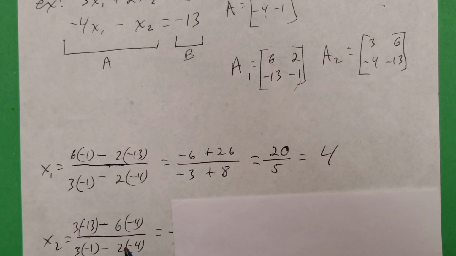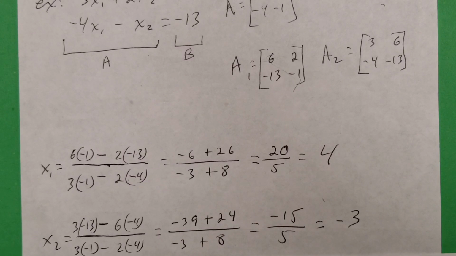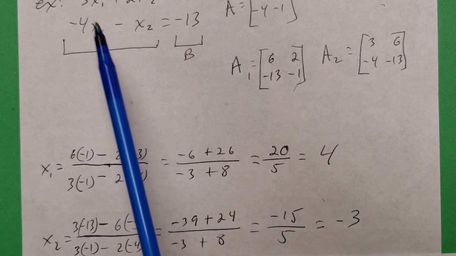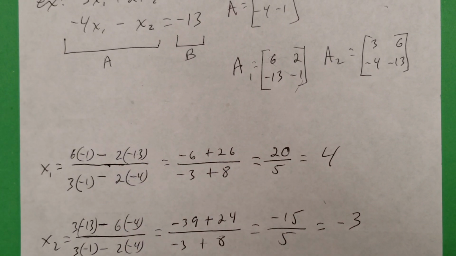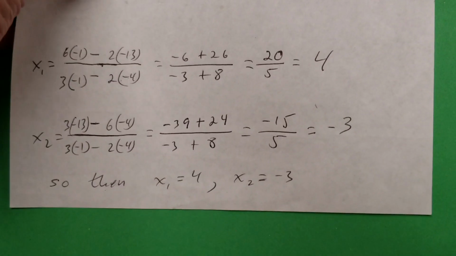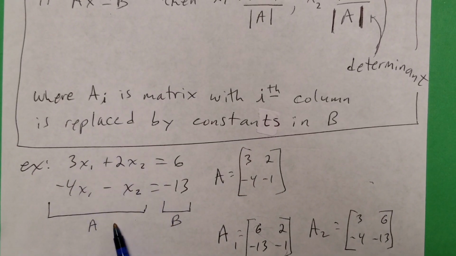It's 5, right? So it comes out to 15 over 5, negative 3. So x1 is 4, and x2 is negative 3. I found the two variables.